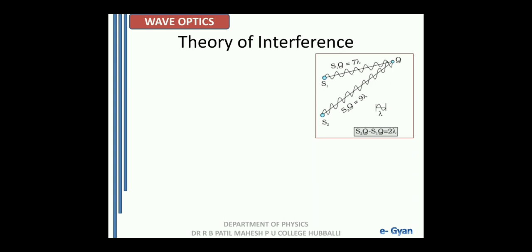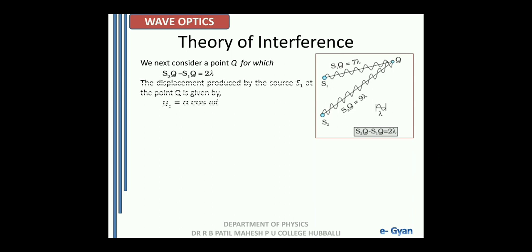We know that 1 lambda is equal to the length of a crest and a trough. Now since S2Q minus S1Q is equal to 2 lambda, we know if the path difference is lambda, then the phase difference would be equal to 2 pi. When the path difference is 2 lambda, the phase difference would be equal to 4 pi.